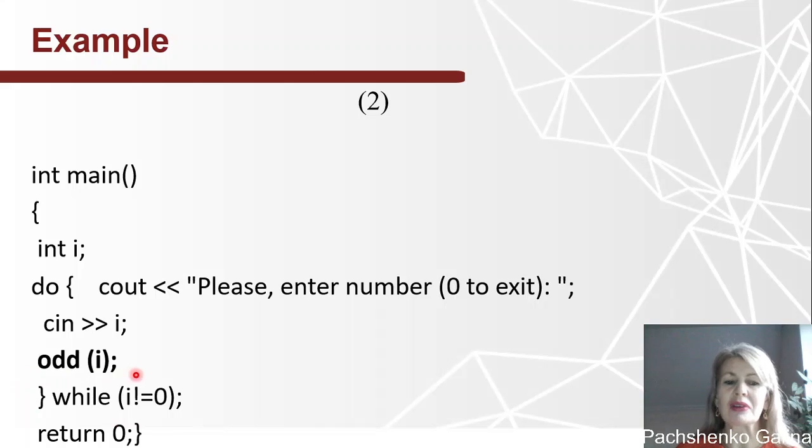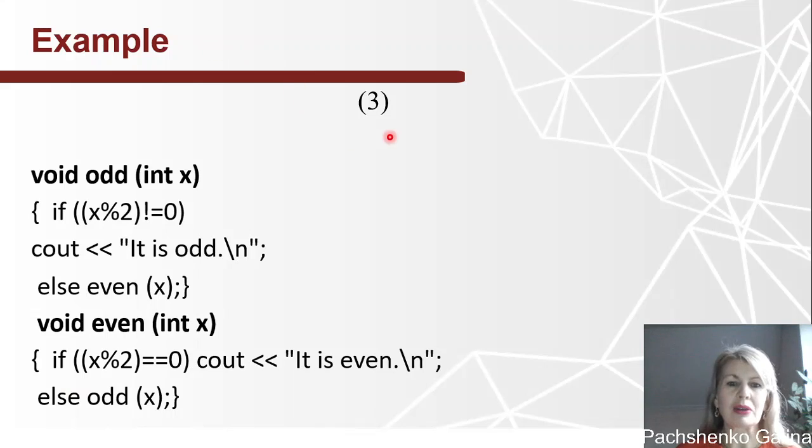Okay, when we call our function odd, let's see the third part of our program. Here goes our function odd. We check the condition: if x modulo 2 is not equal to 0, we display on our screen it is odd.